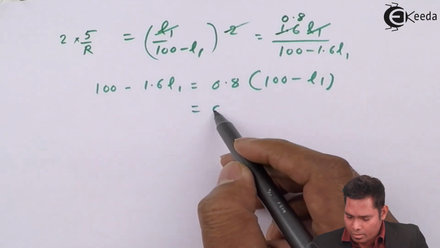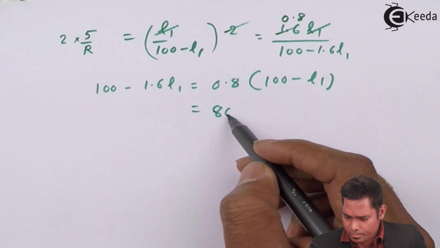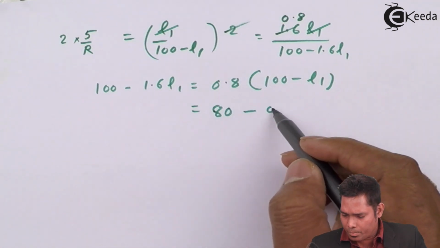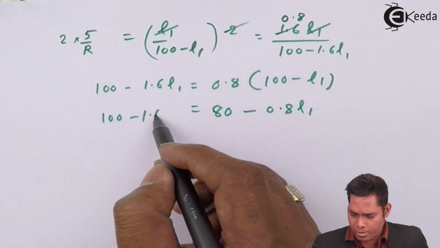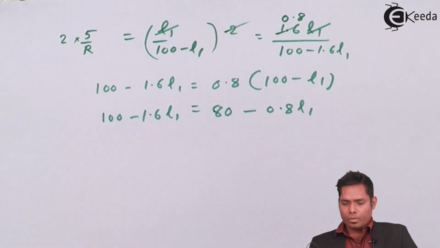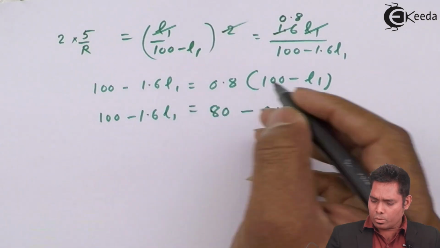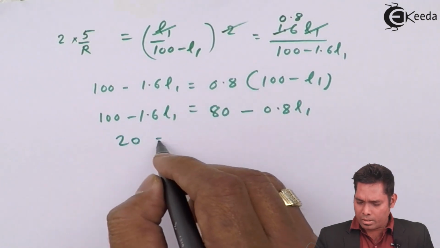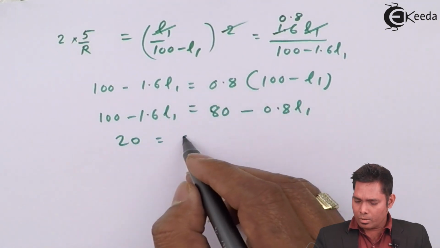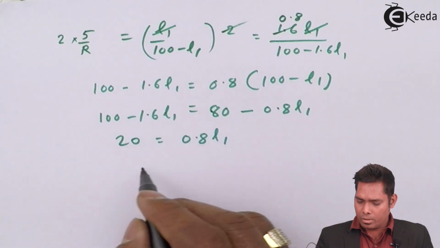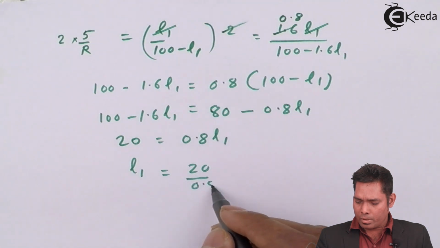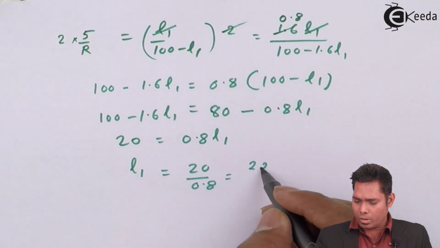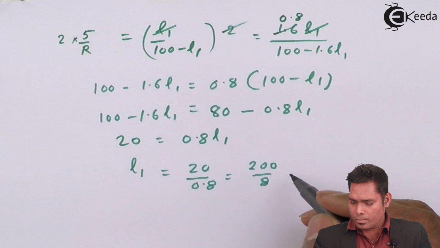This is 80 minus 0.8 L1, and this is 100 minus 1.6 L1. This goes to that side, that goes to the other side, so it becomes 20, and this becomes 0.8 L1. So from here L1 is 20 divided by 0.8, which is 200 by 8.